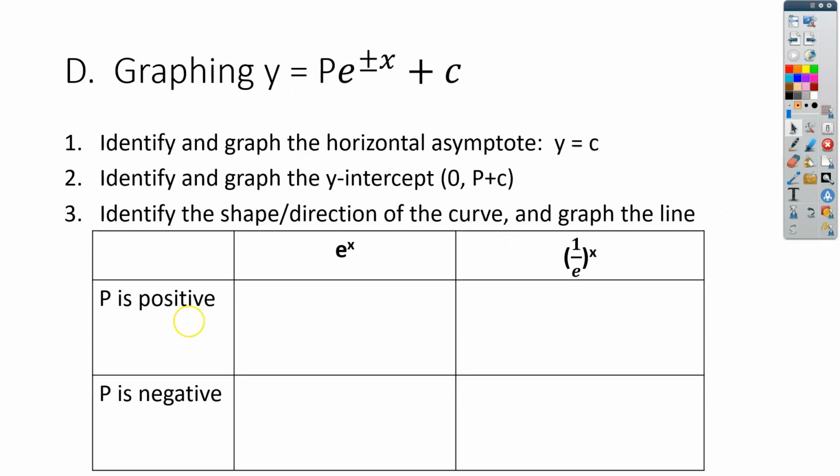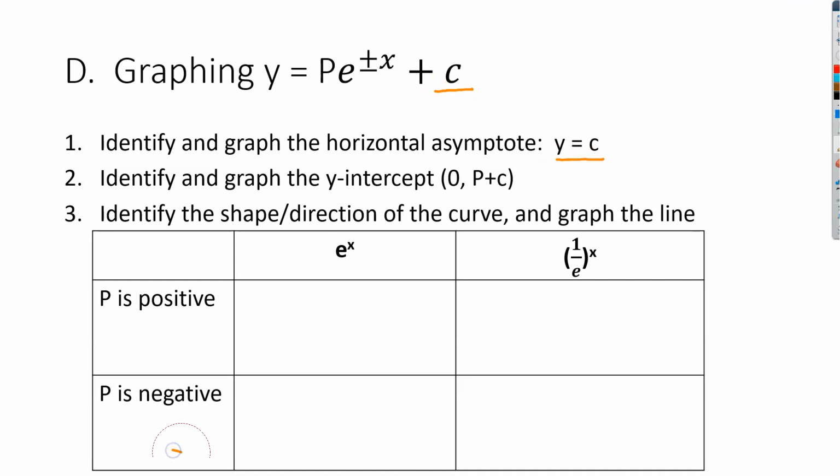Okay? We're also going to talk about graphing. The good news is the graphing process is identical to the one we learned last time. You guys remember how to graph exponential functions. What we did was you started by finding your horizontal asymptote. It's this number here, y equals c. We also found our y-intercept.